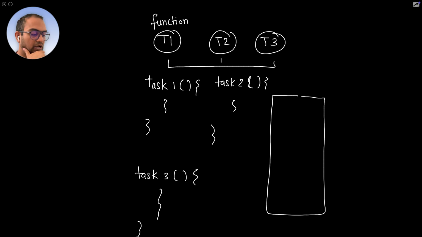Okay, so in the memory then they might exist in different locations. So let's just name these T1, T2, and T3, it's easier to write. Then the instructions are available here for T1, here for T2, and here for T3.